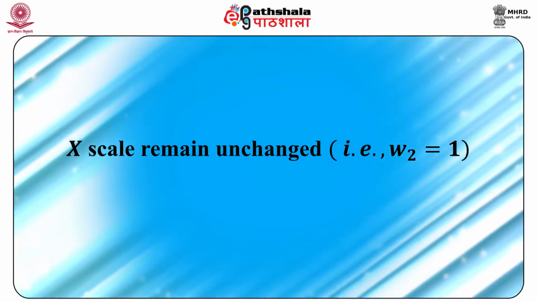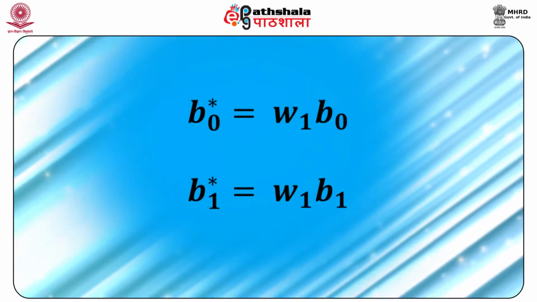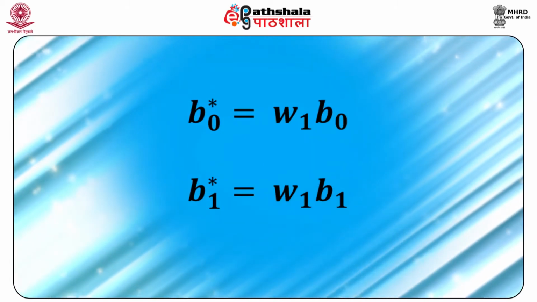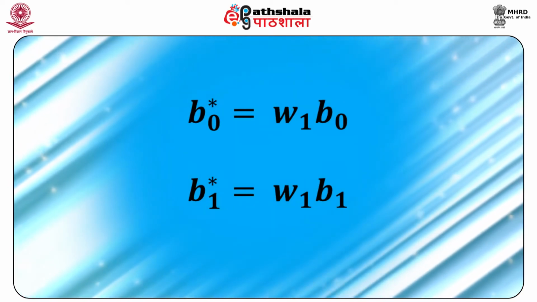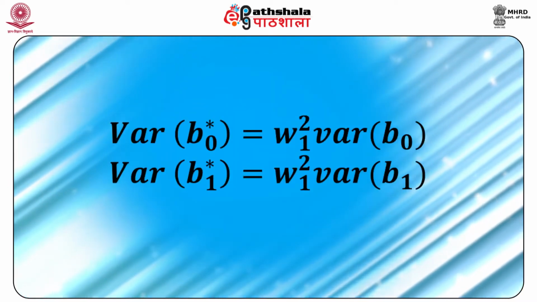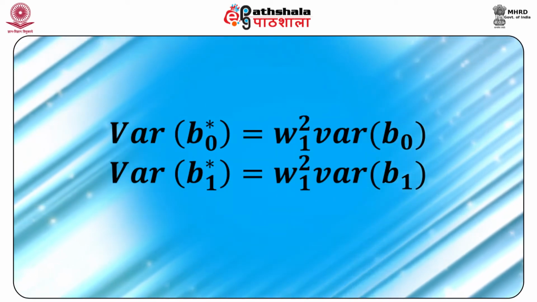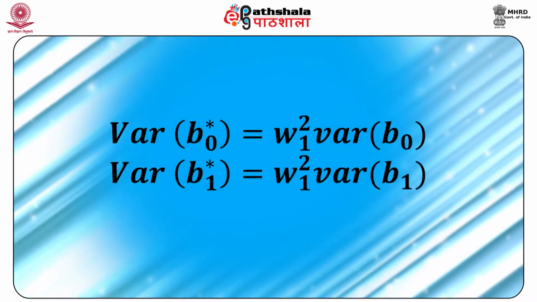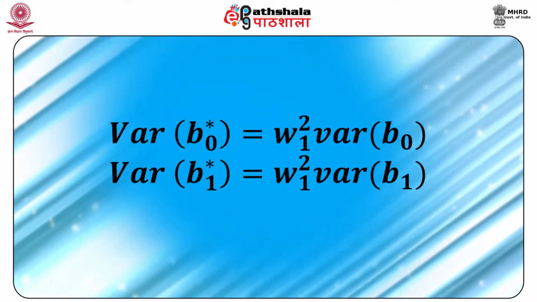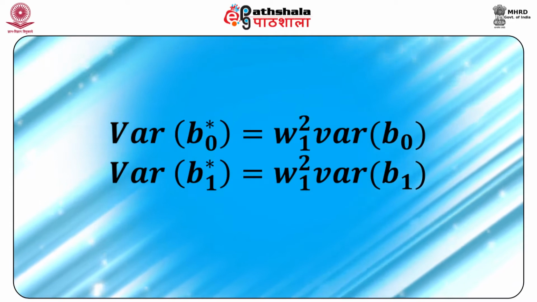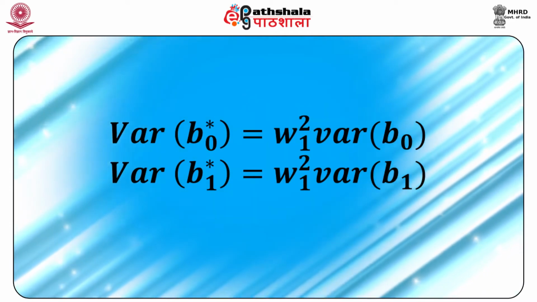In that case, you will find that b0 star comes out to be equal to W1 b0, and b1 star comes out to be equal to W1 b1, and variance of b0 star is now equal to W1 square into variance of b0, and variance of b1 star comes out to be equal to W1 square into variance of b1. The slope and intercept coefficients along with their respective standard errors are both multiplied by W1, which is the scalar we had used with the y variable.